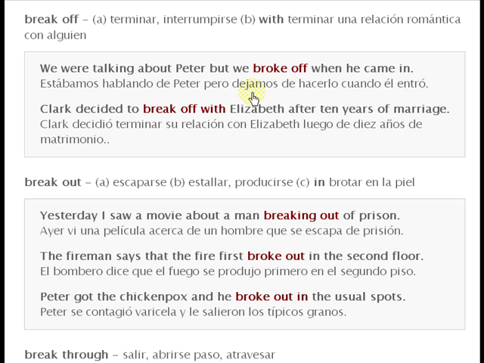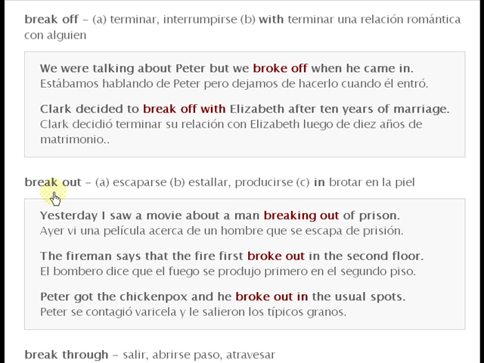They didn't continue the conversation. They broke off. Clark decided to break off with. That with changes the meaning, and in this case it means a relationship. He terminated his relationship after 10 years of marriage.